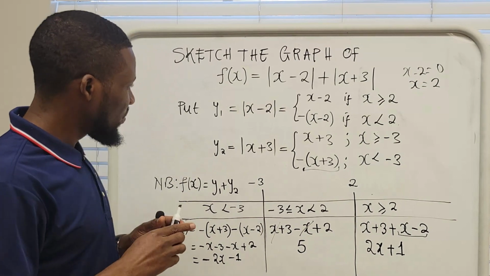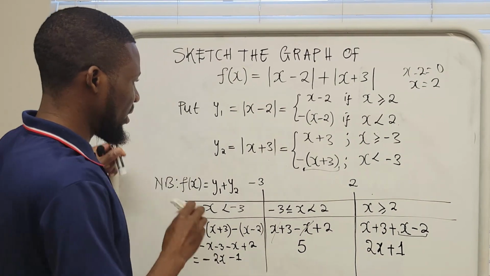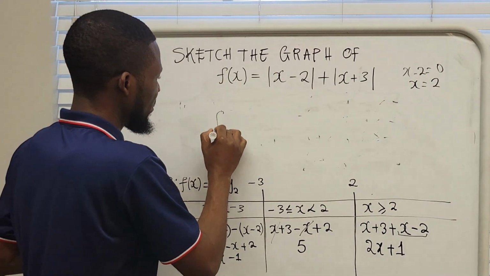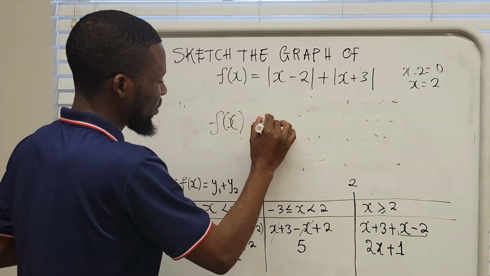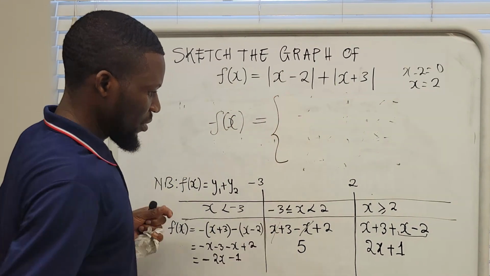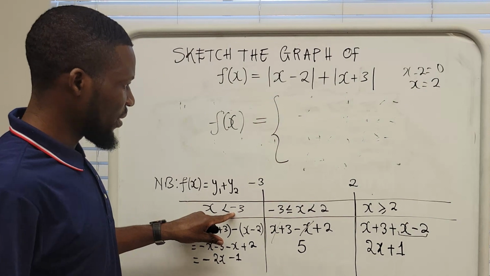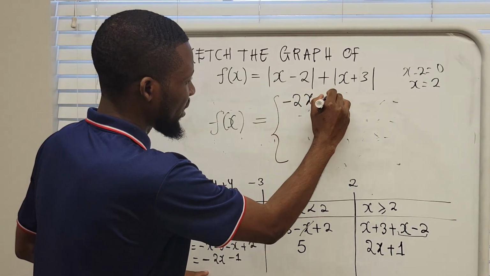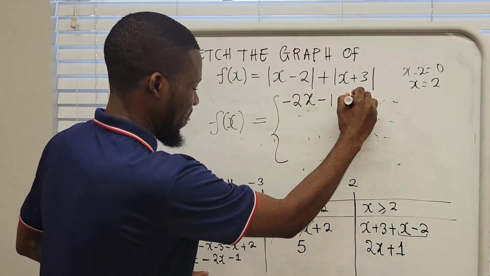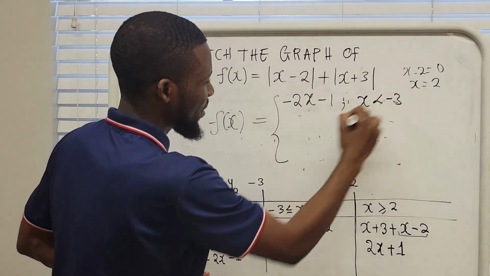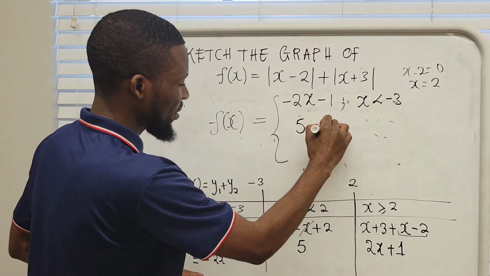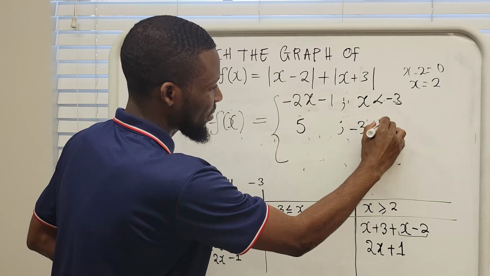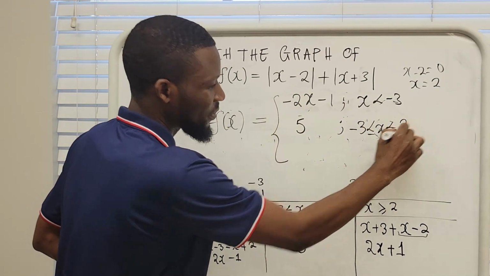Let me rewrite it in this way. f of x equals negative 2x minus 1 when x is less than negative 3, then 5 when x is between negative 3 and 2, where negative 3 is less than or equal to x, and x is less than 2.